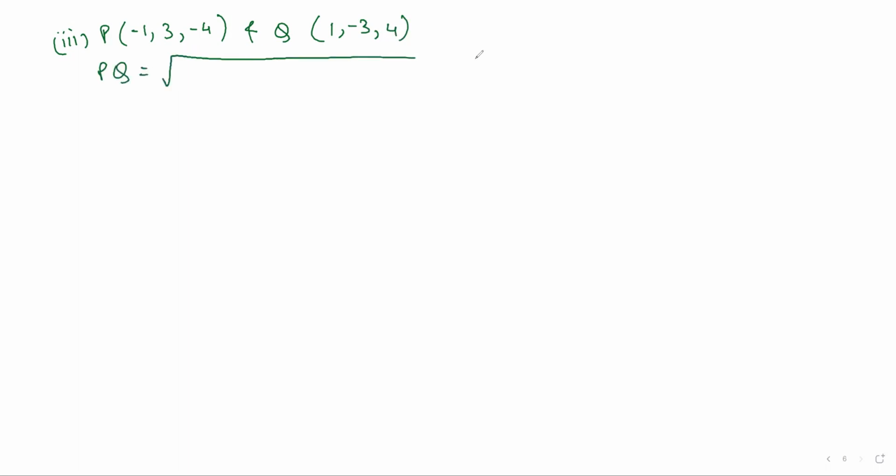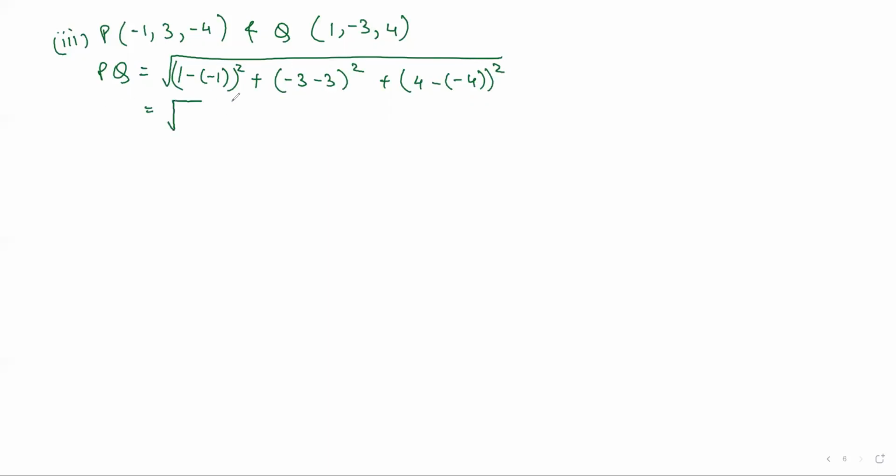In your third situation, the P value is minus 1, 3, minus 4 and Q is 1, minus 3, 4. Therefore, your PQ will be equivalent to root of (1 minus of minus 1) whole square plus (minus 3 minus 3) whole square plus (4 minus of minus 4) whole square.